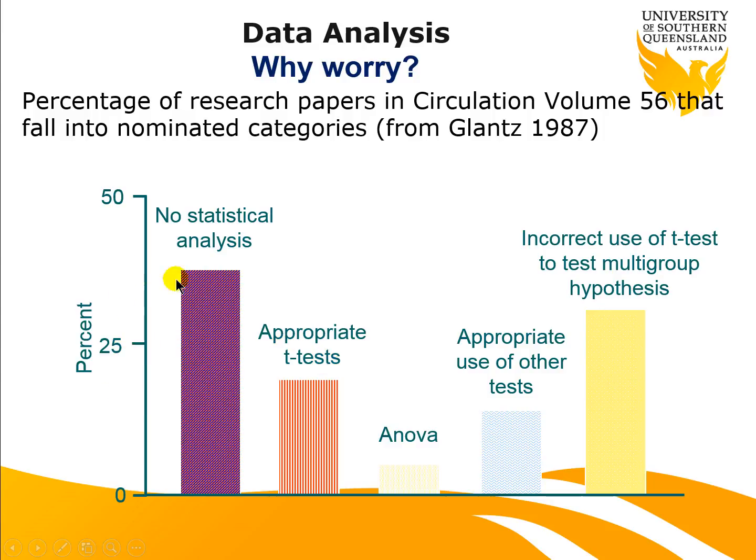I think it's interesting to look at these percentages. Less than 25% had appropriate use of t-tests, and I would say less than 5% had appropriate use of ANOVAs. So the data itself is of interest, but this is another graph I'm going to come back to at the end because there are some mistakes on it that could lead to misinterpretation of this data.